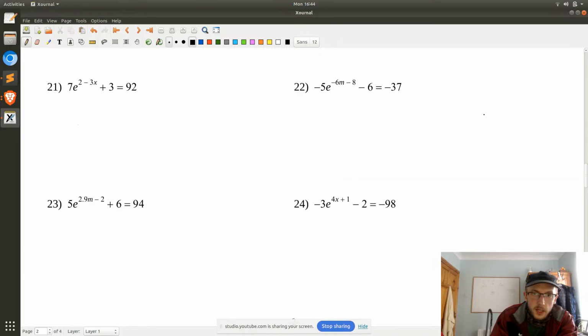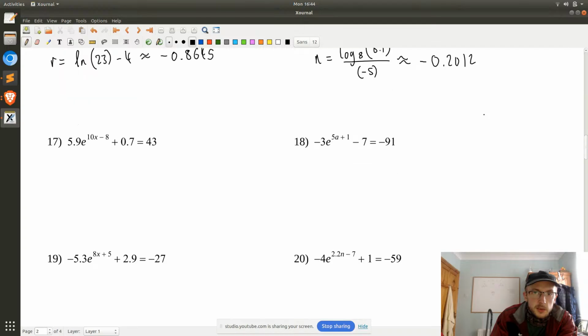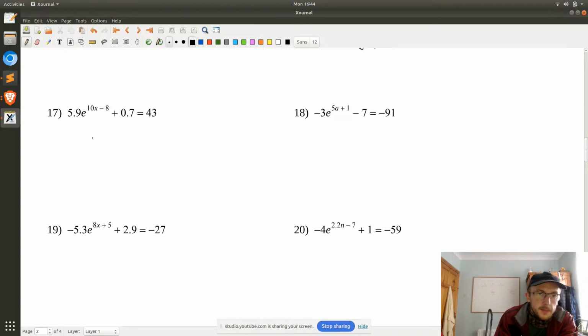How many more actually are there? Just 24. Just 24. Not so bad. Okay. 42.3. Ln 42.3 over 5.9.